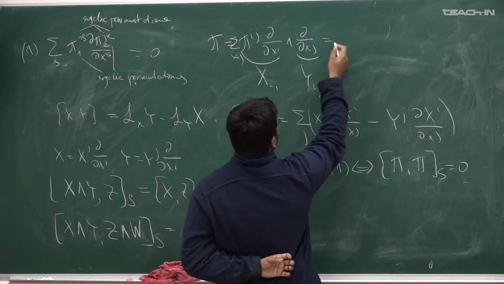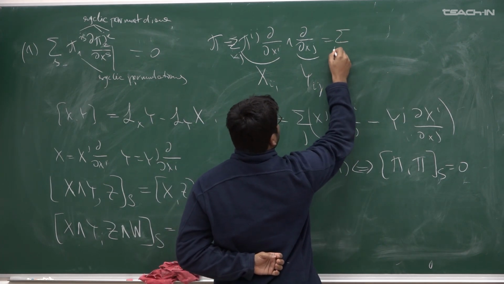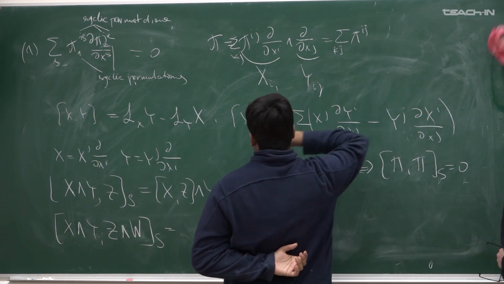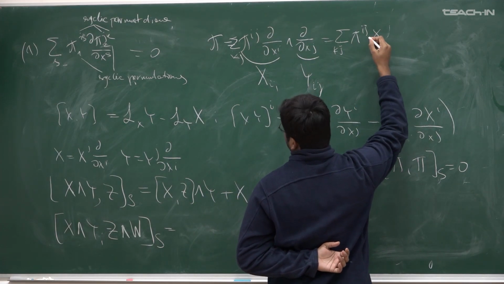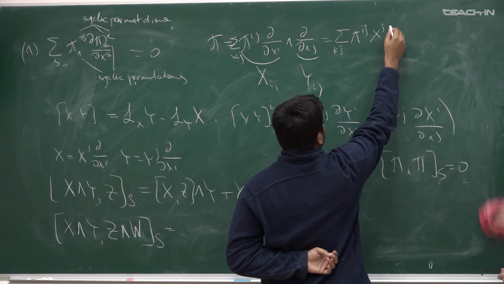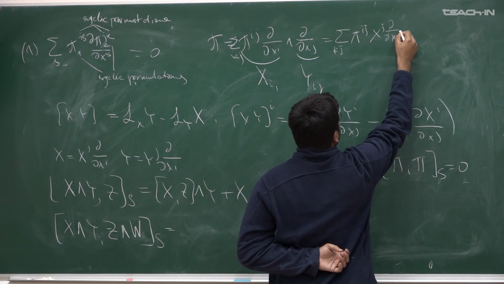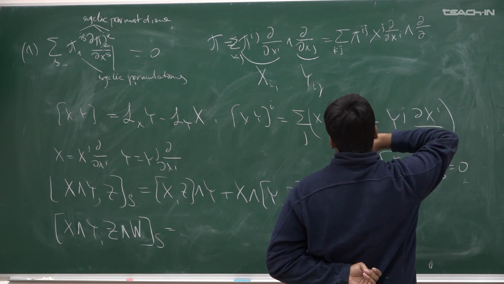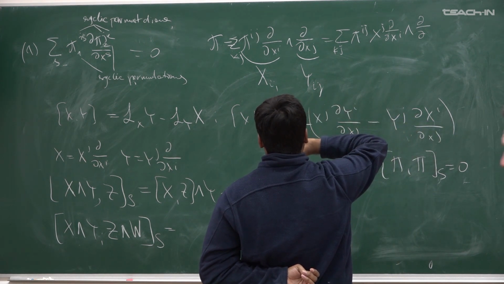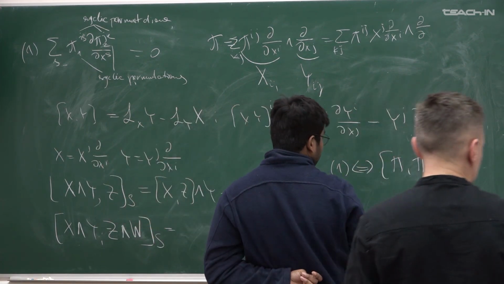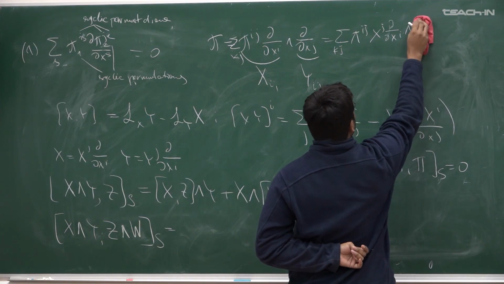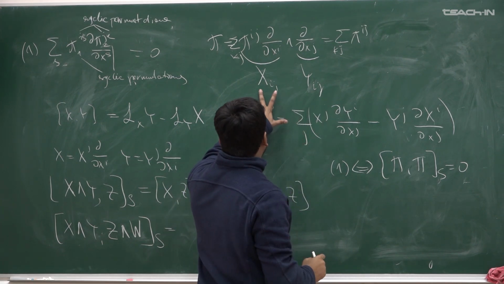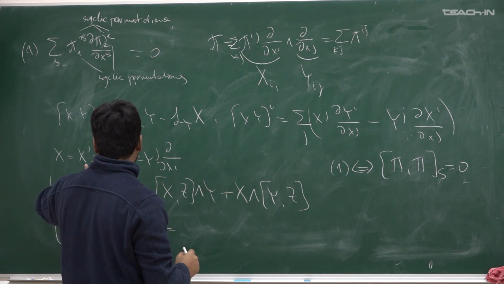So I write it like this, the sum of ij. So this whole thing is, how can I interpret this one?